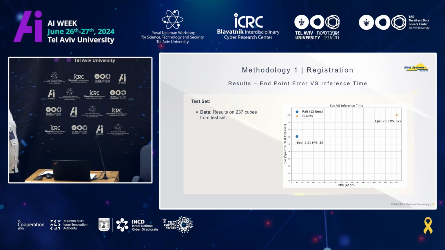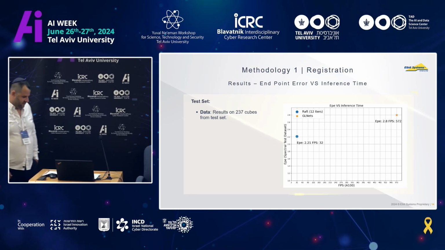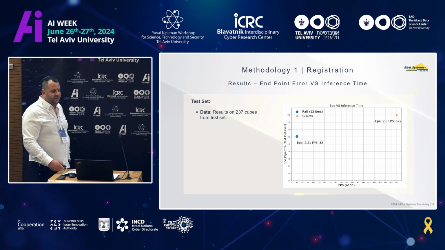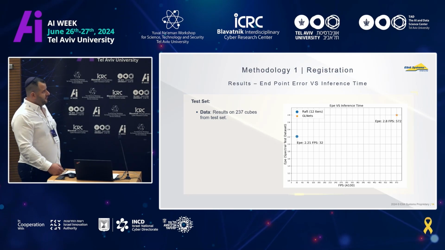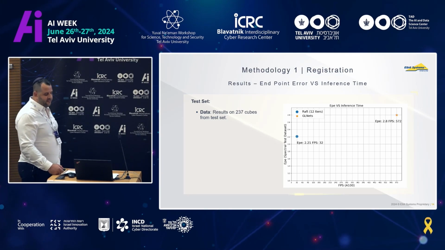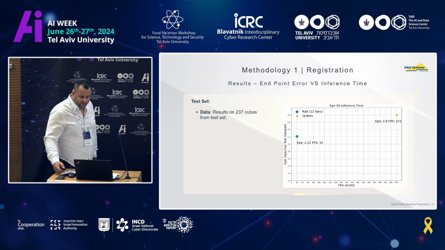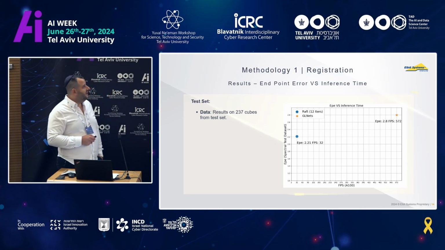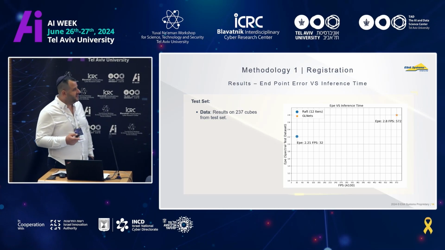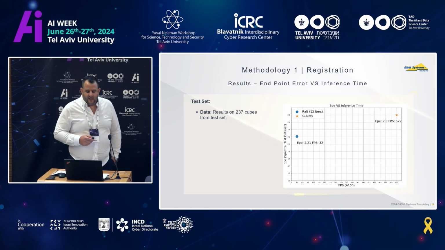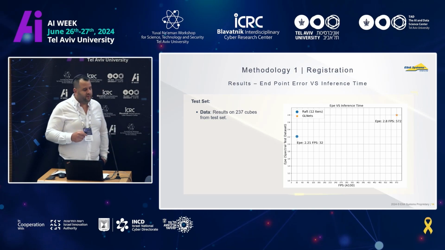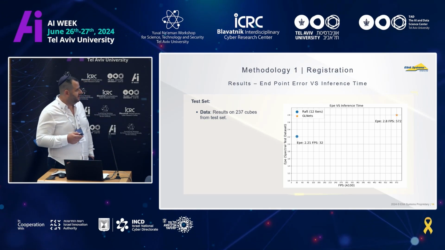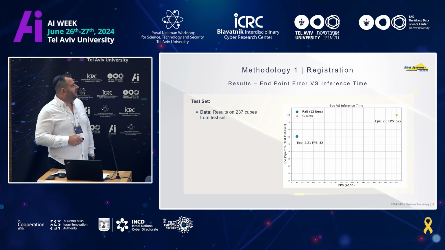This plot is the endpoint error in pixels versus the inference time. The results are on 237 cubes from the test set, of course. You can see the RAFT large with 12 iterations. It's a very well-known optical flow architecture, and it leads the boards.